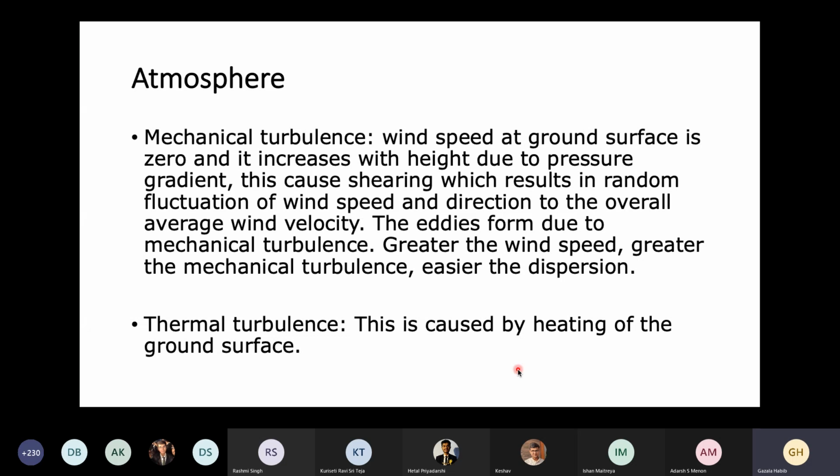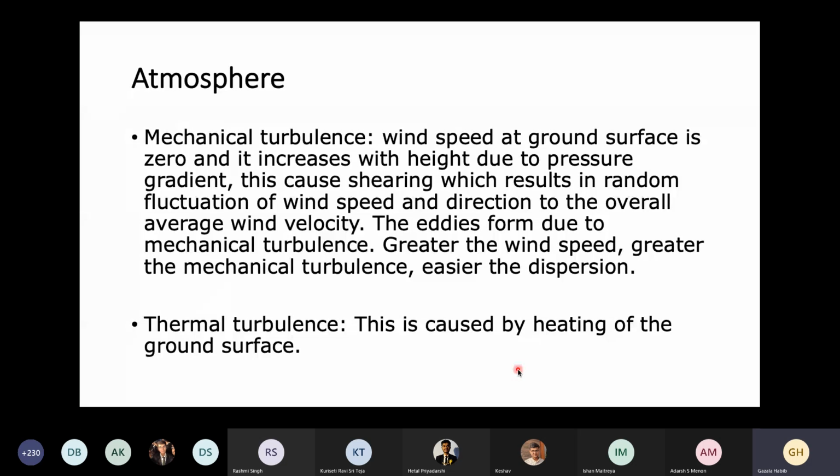This causes the shearing, which results in the random fluctuation of the wind speed and direction around the overall average wind velocity. The eddies form due to the mechanical turbulence. Greater the wind speed, greater the mechanical turbulence, easier the dispersion. Okay, so this is mechanical turbulence because of the gradient in wind speed at different altitudes.